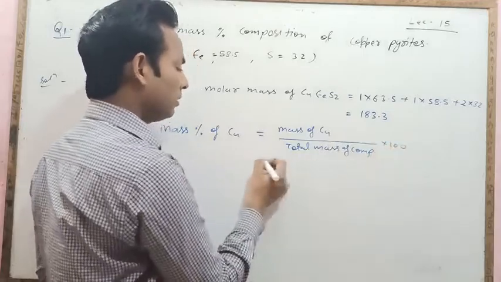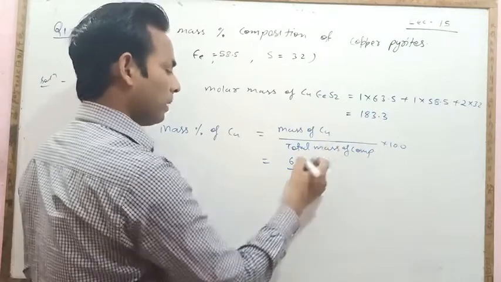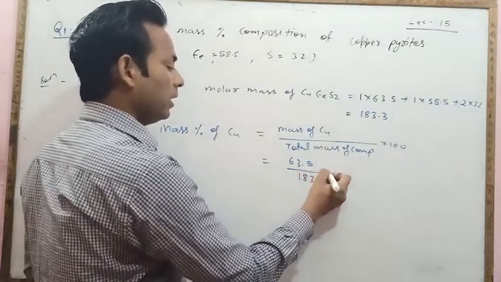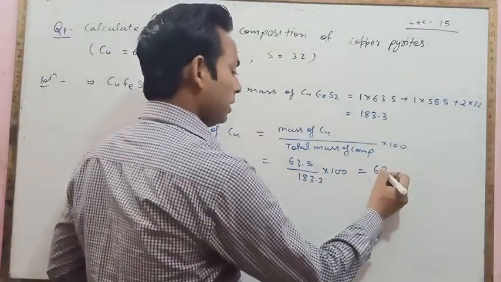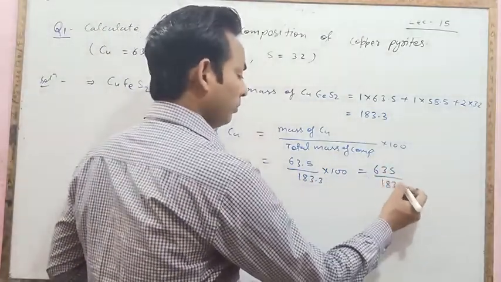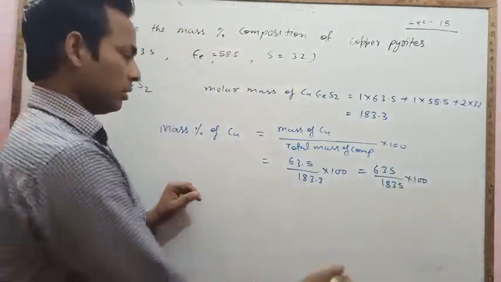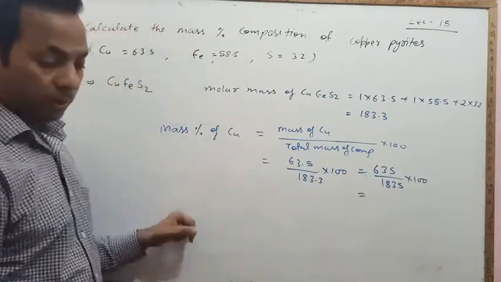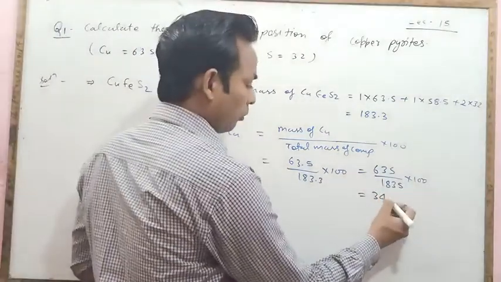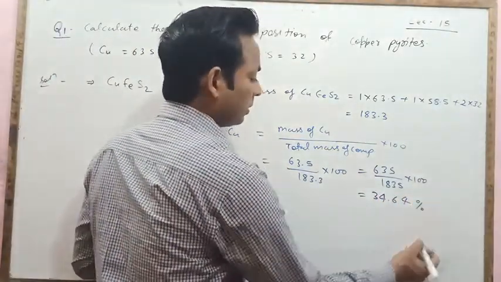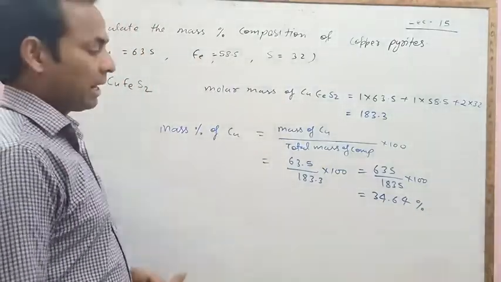This is the simple formula. Mass of copper is 63.5 and total mass 183.3 into 100. We can also write 635 by 1833 after removing the point. After calculation the value will be 34.64 percent. So this is the percentage of copper in copper pyrite.